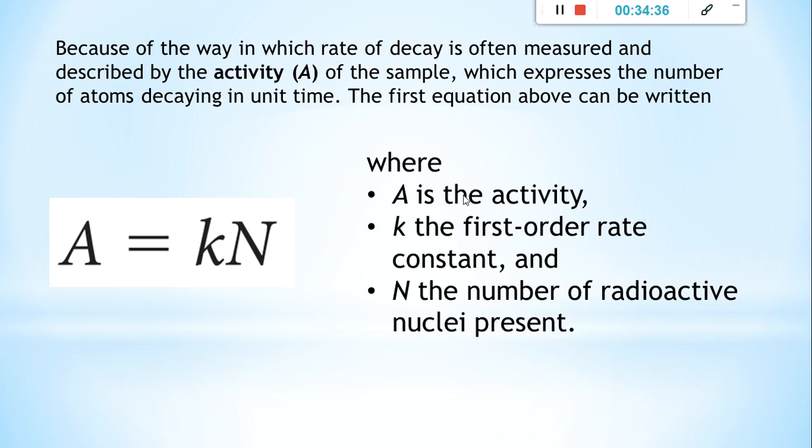We also have that because of the way in which the rate of decay is often measured and described as the activity of a sample, which expresses the number of atoms decaying in unit time, the first equation above can be written as A is equal to kN, where A is the activity, k is the first order rate constant, and N is the number of radioactive nuclei present.